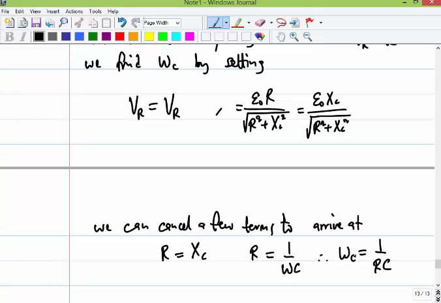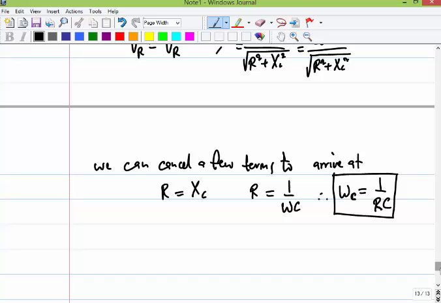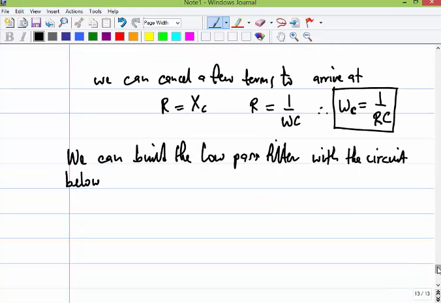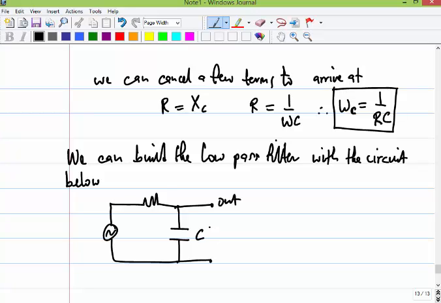With that in mind, we can also build a low-pass filter. Again, we have our circuit like that. This time we put the resistor up here and the capacitor this way, and your output is over here. So this is C, and that is R.